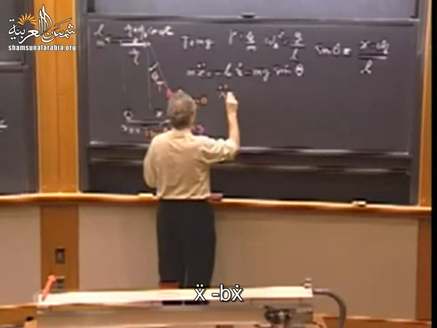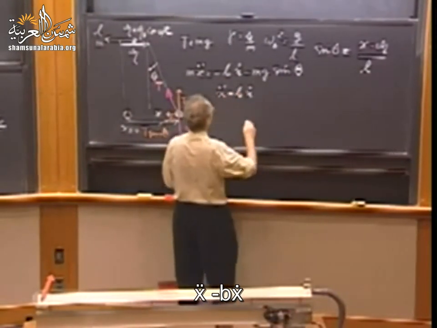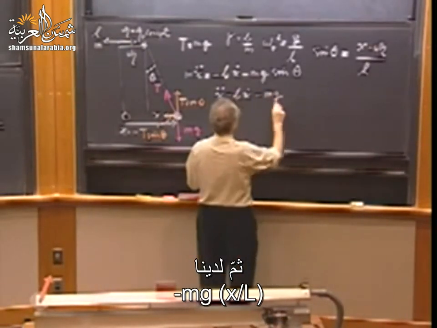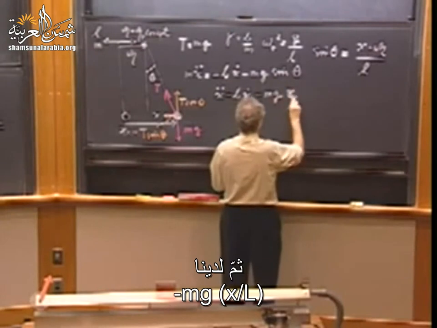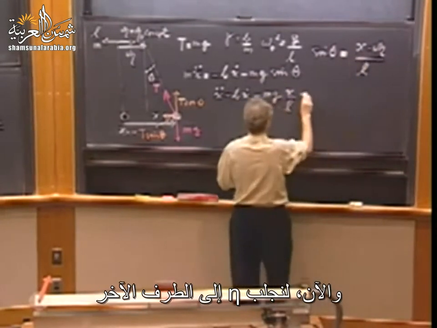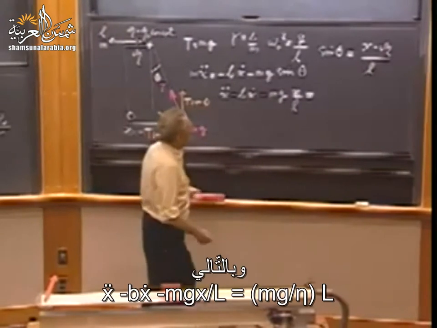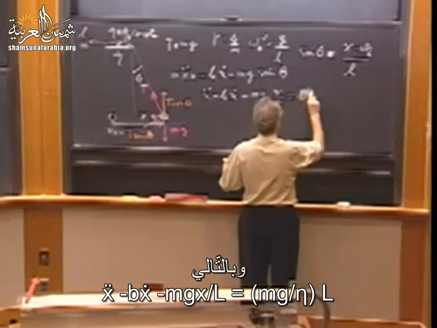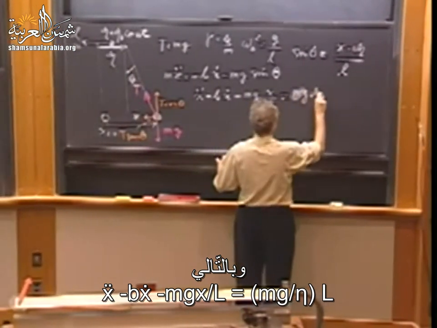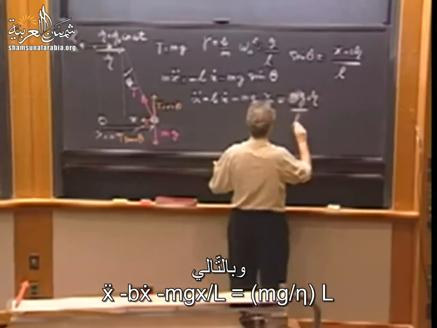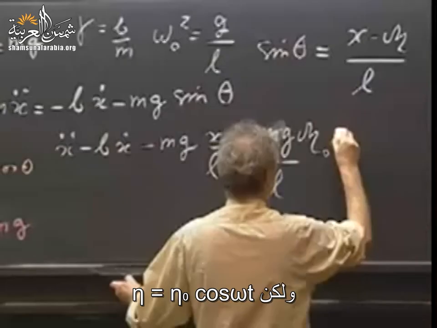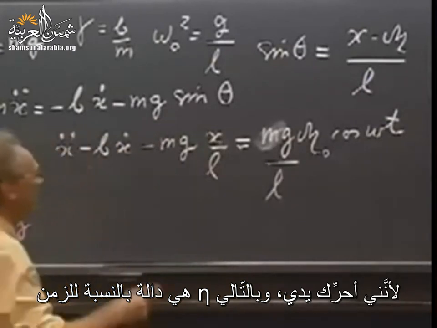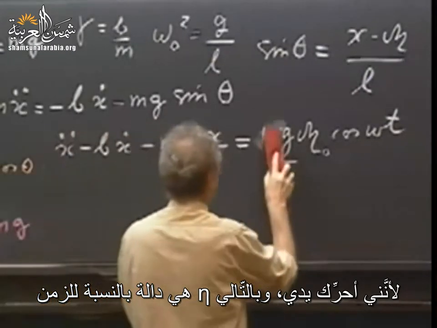Let's just say m x double dot minus b x dot, and now we get minus mg times x over L. And now we bring Walter Lewin to the other side, and so we get plus mg times eta divided by L, and eta is eta 0 times cosine omega t, because I am moving my hand, so that eta is a function of time.